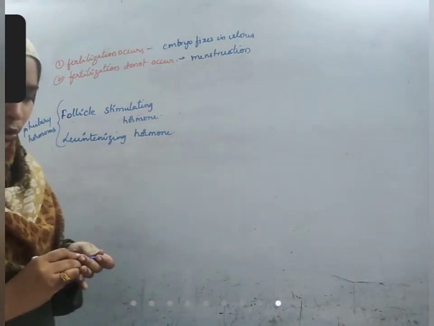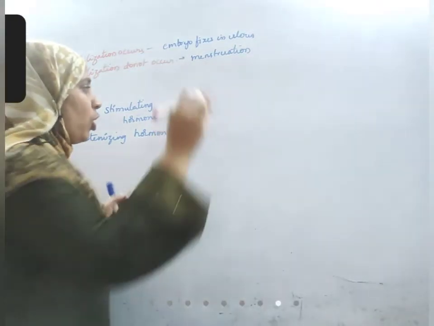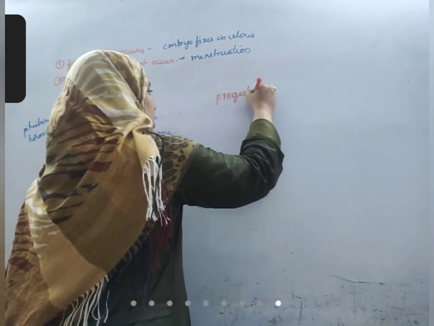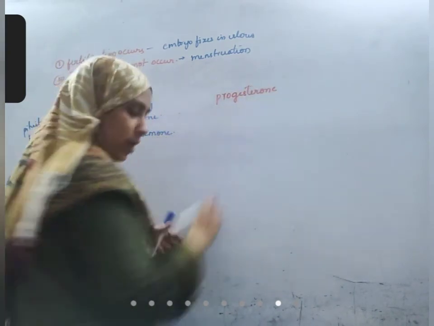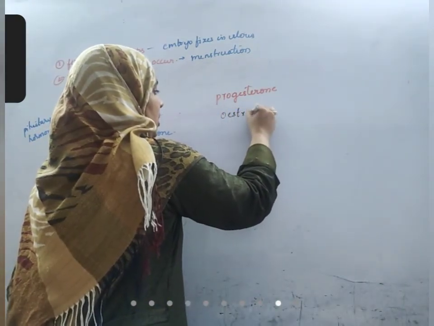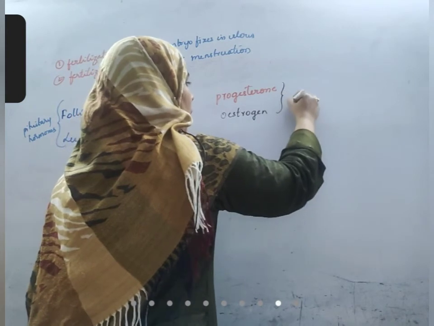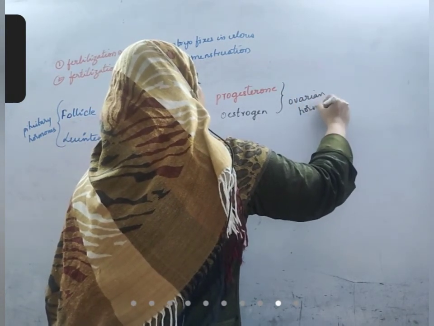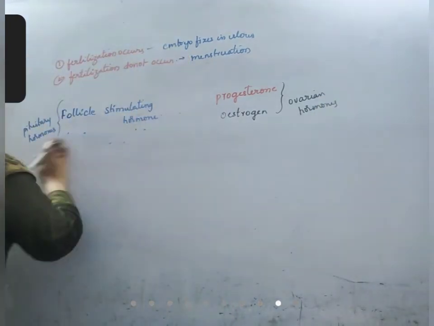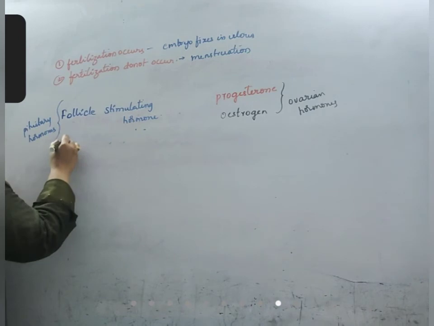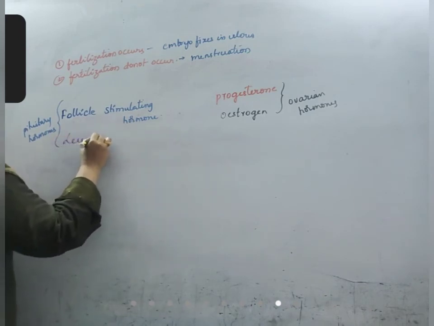And there are two ovarian hormones. One is progesterone, and the second one is estrogen. These two are ovarian hormones produced from the ovary. Okay, I'll change this color also. Follicle stimulating hormone, luteinizing hormone.